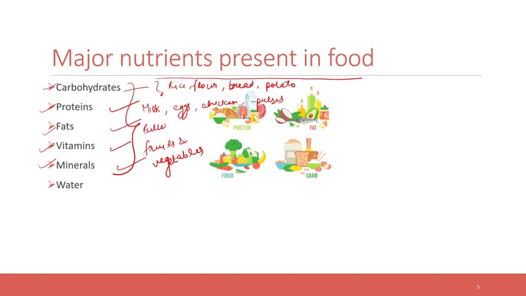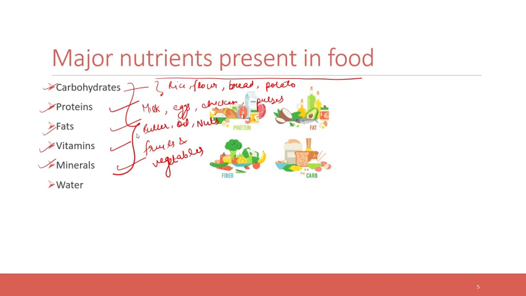Butter, oil, nuts, all these are fat rich items. Again, I'm not saying that there is no protein or mineral available in these food items, but I'm saying these items contain fats in the maximum amount. So these are fat rich food items. Got it?